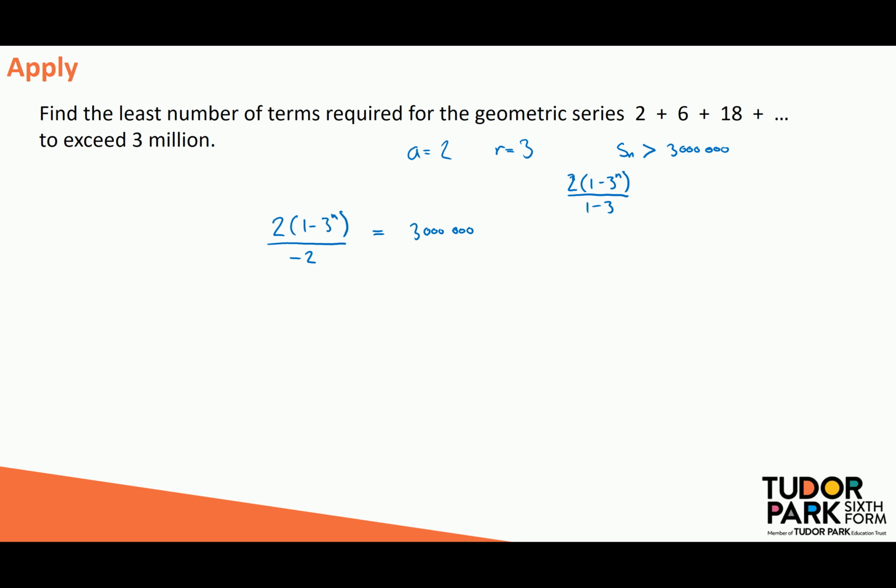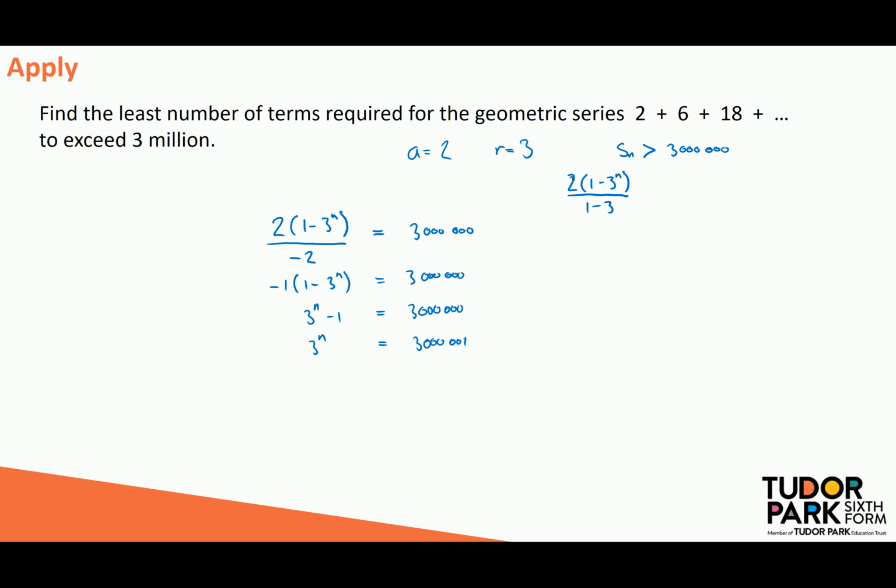Now simplifying this, that's going to be minus 1 lots of 1 minus 3 to the n is equal to 3 million. And expanding that is going to give me 3 to the n minus 1 is equal to 3 million. Or rather, 3 to the n is equal to 3,000,001.